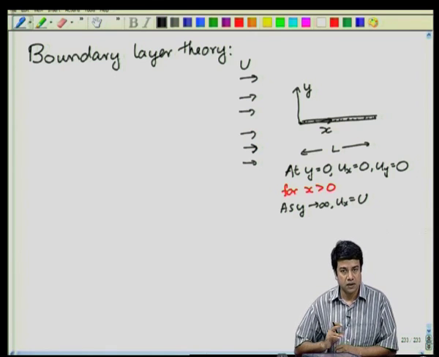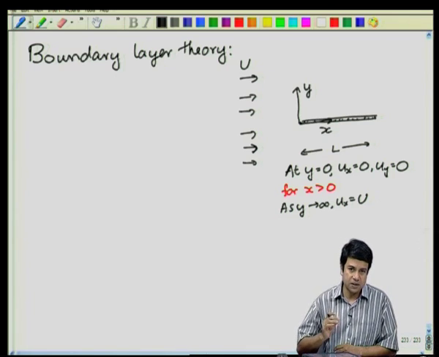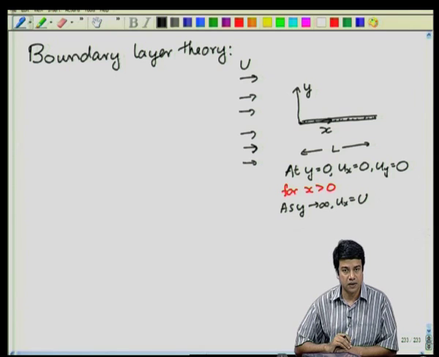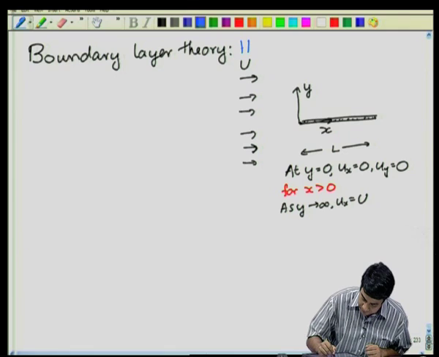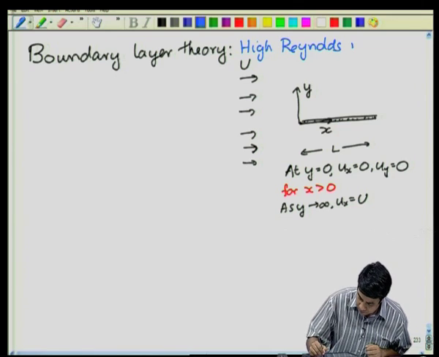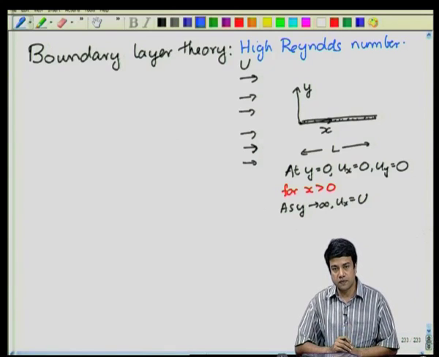The next boundary condition, these are in the y coordinate. We will see later that we need one condition in the x coordinate as well. That condition is for x less than 0. Note that we are assuming this is a high Reynolds number flow.